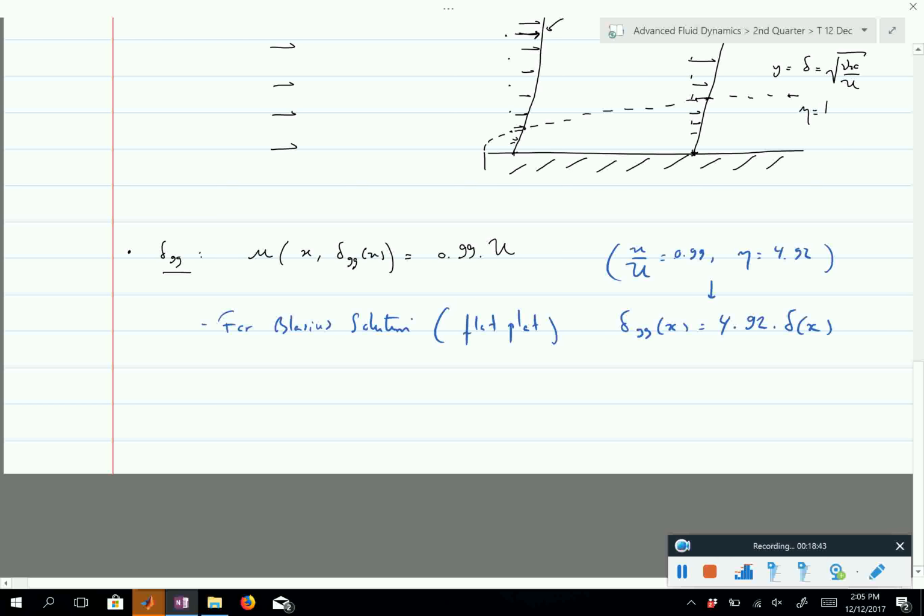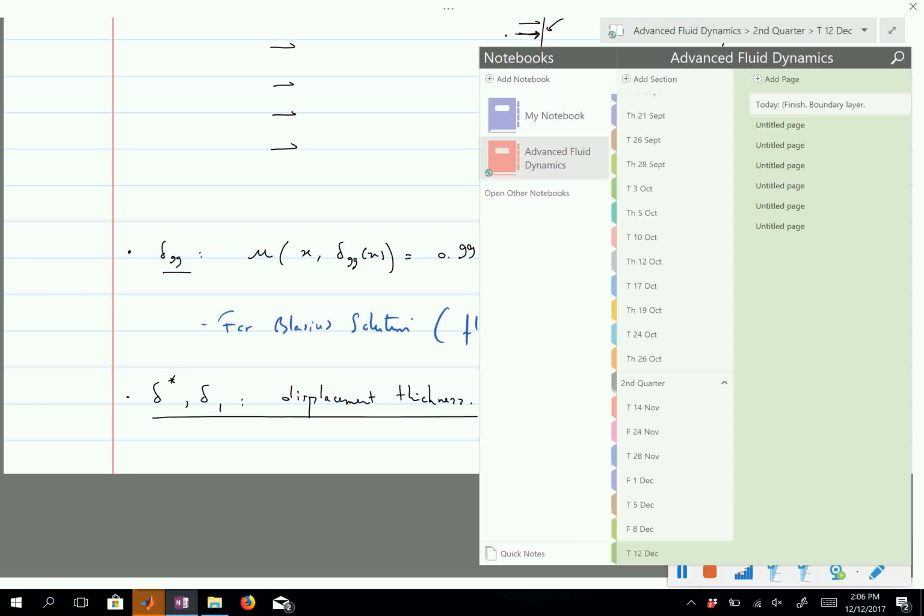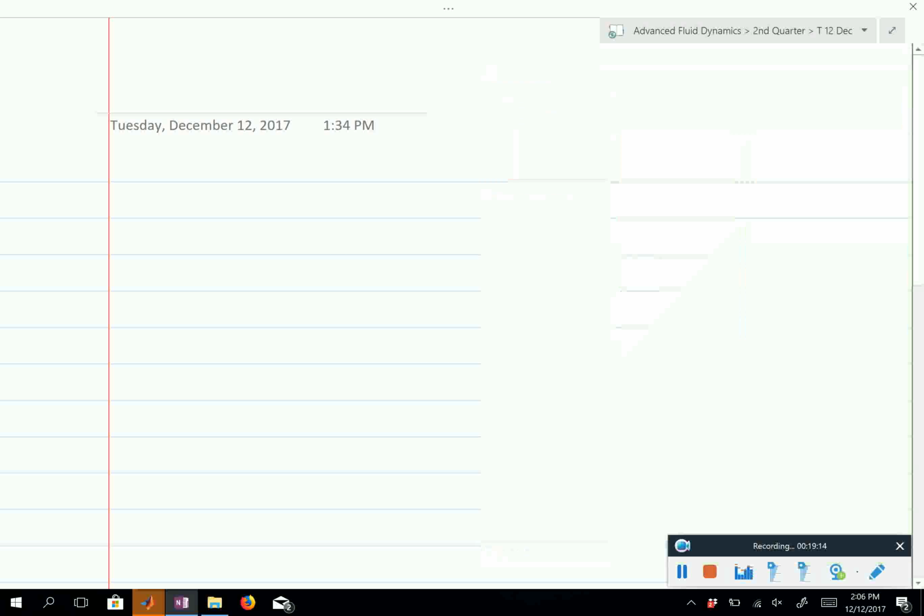Then there is another definition for boundary layer thickness, which has to do with mass conservation. And this is the displacement thickness, which you will find written either delta star or delta 1. And this is called the displacement thickness. So for the displacement thickness, you have to look at the following picture.